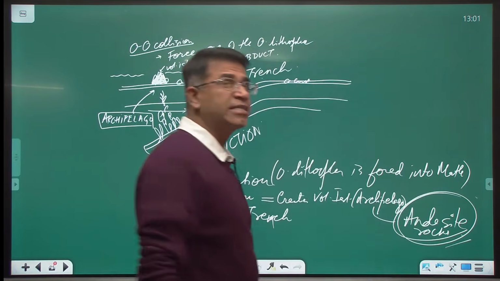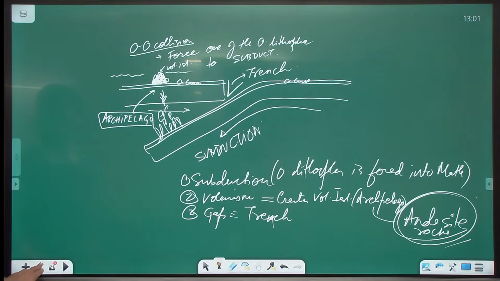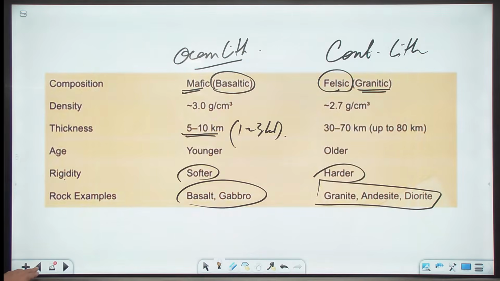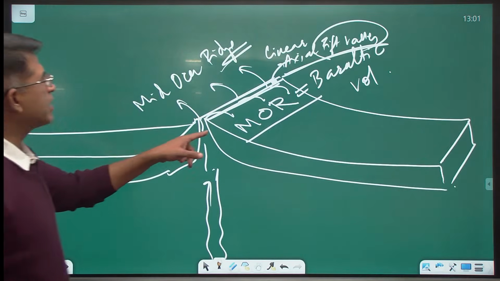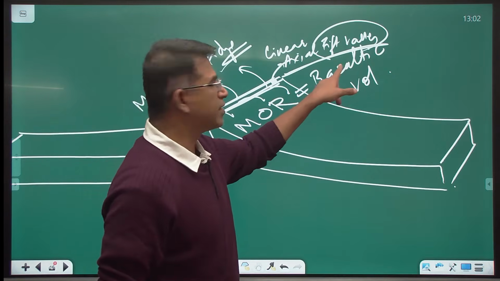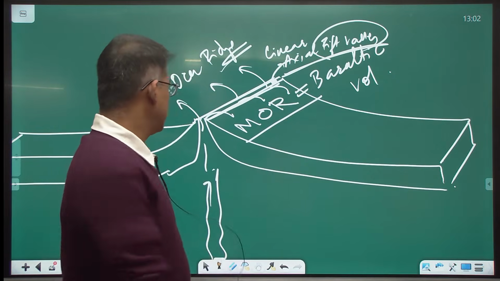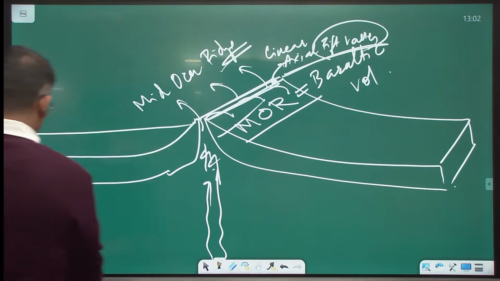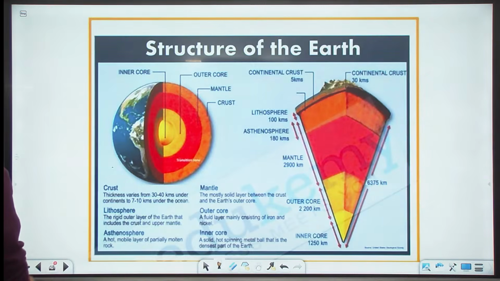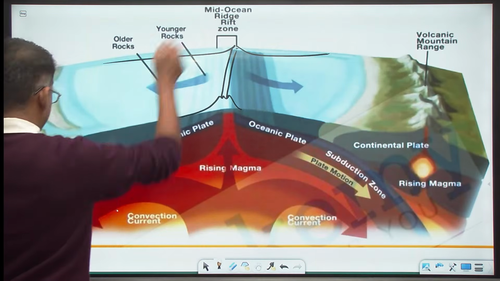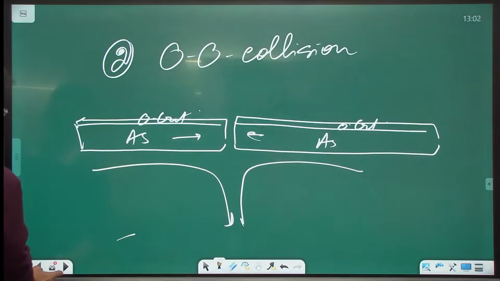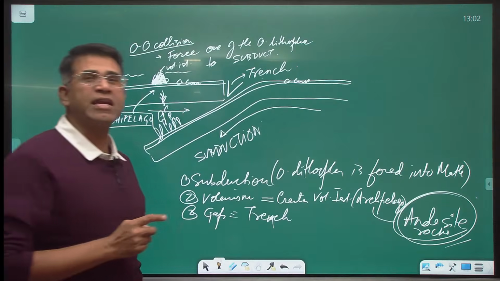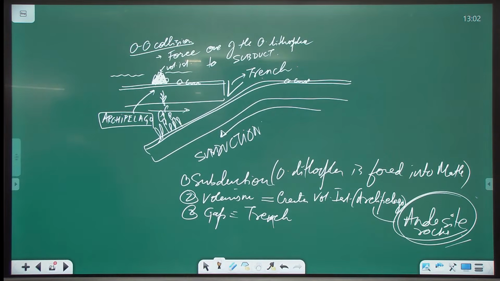Compare this with the mid-ocean ridges. At the ridges, I had said we'll have basalt. ये lava अंदर से आ रहा है, basalt lava बन रहा है. The ridges have basalt lava. But in case of the subduction process, I will have andesite lava, not basalt lava.